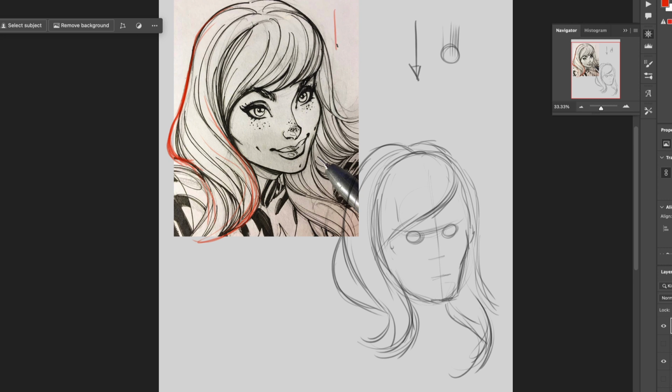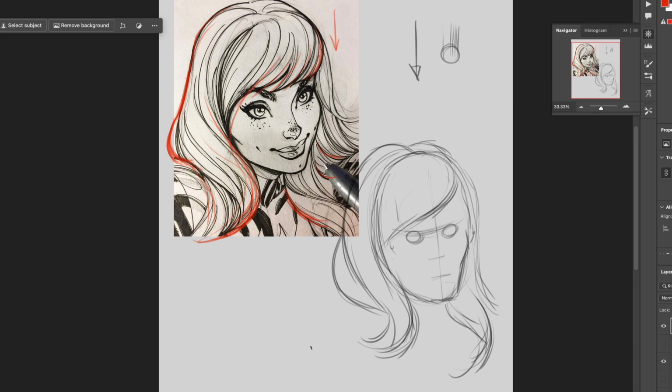If gravity is going down like this, we know the heavy points should be here, like that. Gravity wants to pull this hair downward, right? Of course the hair is light, so it's not going to fall straight down, but it's going to fall away a bit.